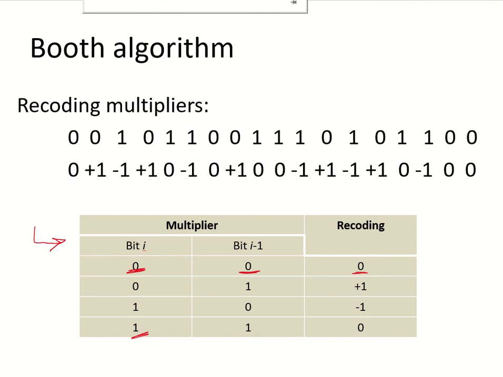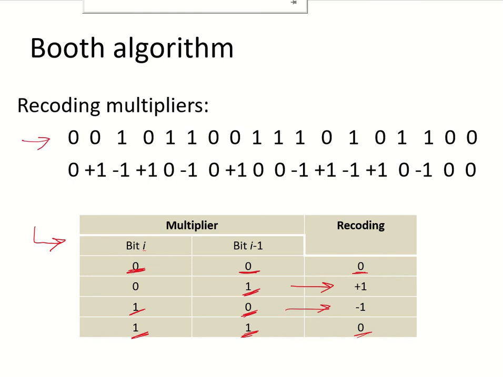Similarly, if both the preceding bit and the current bit are 1, so if they are the same, the recoding would be 0. But if bit i minus 1 was 1 and bit i is 0, then the recoding would be plus 1. And if bit i minus 1 was 0 and bit i is 1, then the recoding would be minus 1.